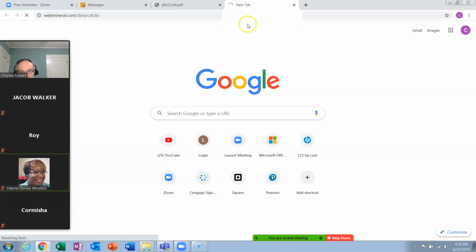It says the screen sharing is happening. Can you see it okay? Yeah, it's on Google, and I've typed in webmineral.com slash data slash calcite. That just gets us started. But I'm waiting, it says new tab, and it's just waiting for it to come up. I don't know what's taking it so long.